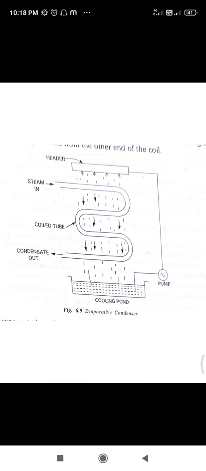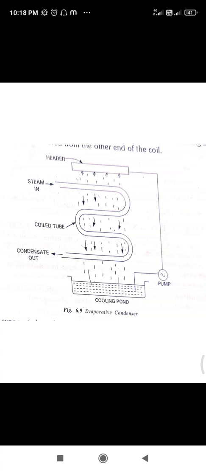The exhaust steam from the engine or turbine is passed through coiled finned tubes over which the cooling water is sprayed. Part of the water is evaporated, taking the latent heat from the steam, and the rest of the water drips down to the cooling pond.